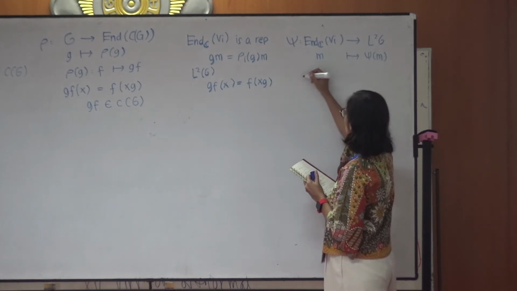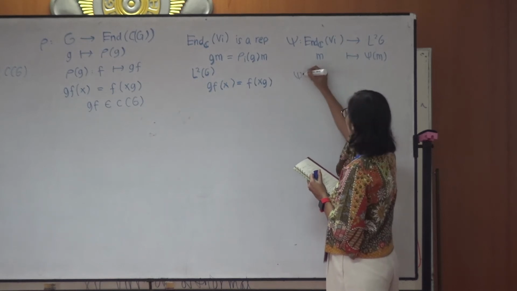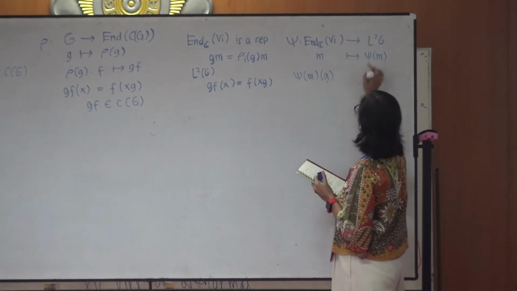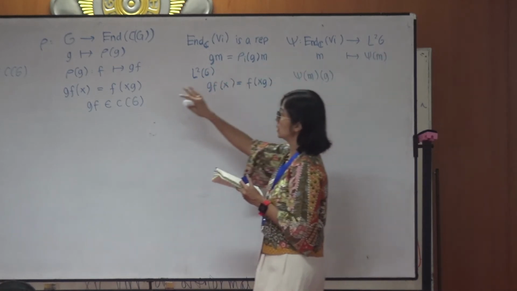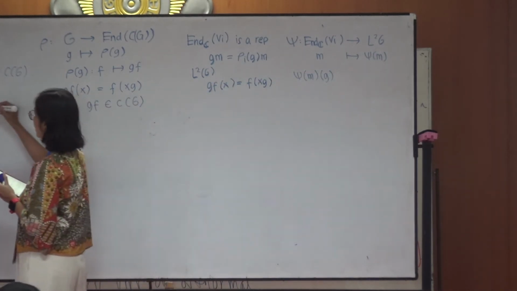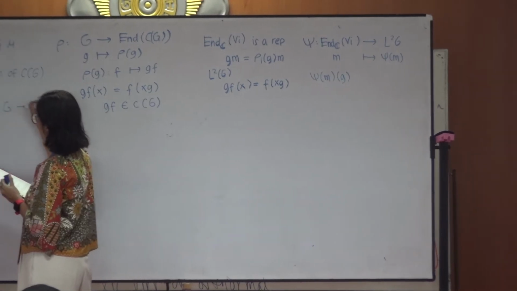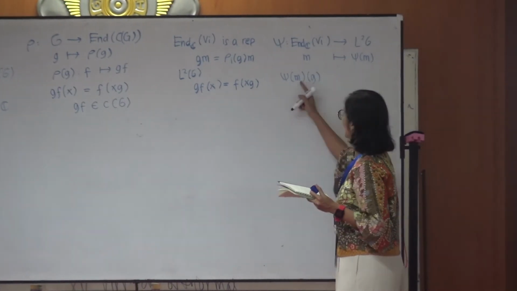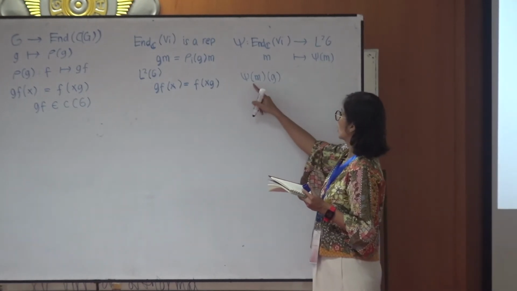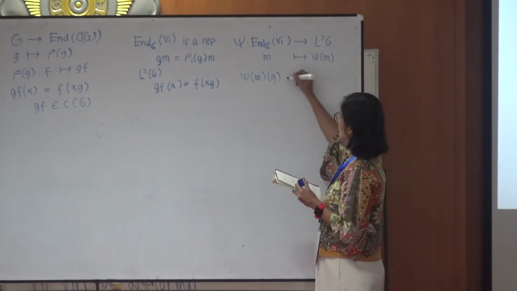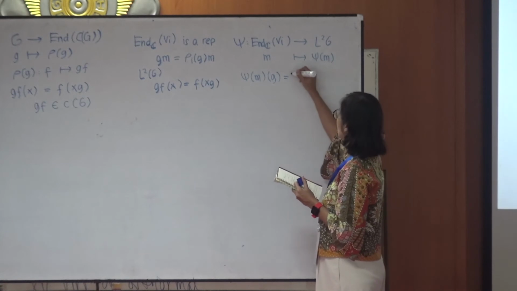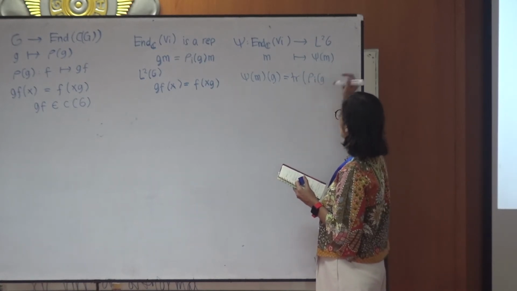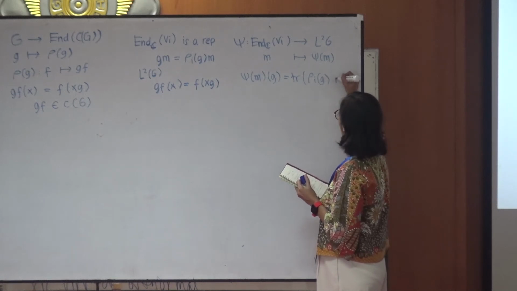Remember, L2G is the completion of CG, and CG is a set of functions from G to C. So you have to give psi m of g, which is defined as the trace of this matrix times m.